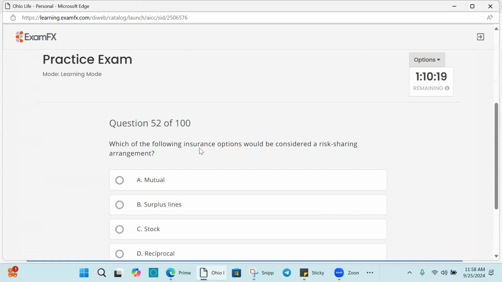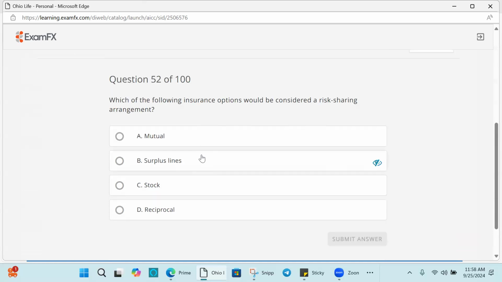Which of the following insurance options would be considered a risk sharing arrangement: mutual, surplus lines, stock, reciprocal? Of course, stock is not an insurance option. Reciprocal is a risk sharing arrangement, mutual risk sharing, surplus line.